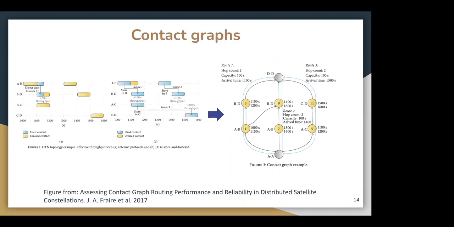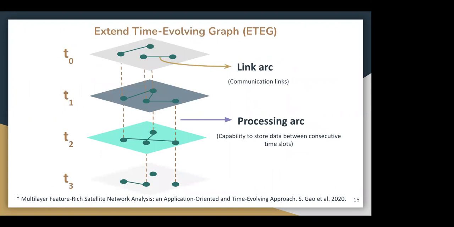We can represent these graphs as contact graphs like this, which I'm pretty sure we are familiar with by now. And they can also be represented as multi-layer networks like this. This is basically an interdependent network system, which is basically what I worked on during my thesis. That's the relation one, let's say.